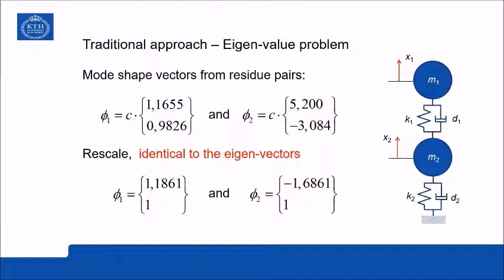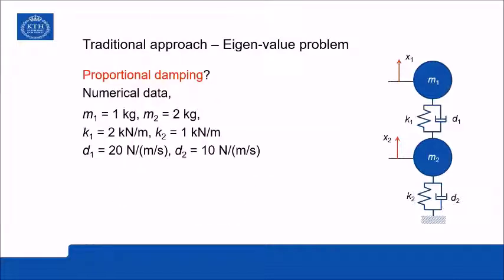So that's good. Now we know that for an undamped system we get exactly the same eigenvectors as the mode shape vectors. So what about proportional damping then? That is when the damping matrix is a factor times the stiffness matrix or the mass matrix.